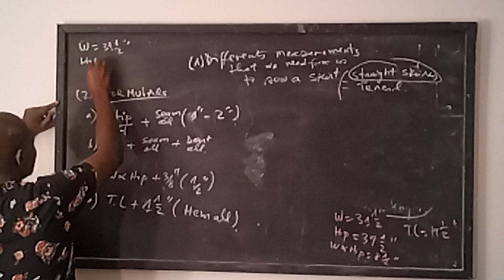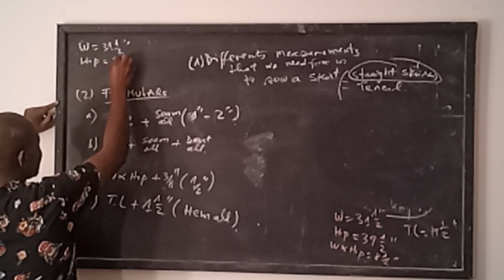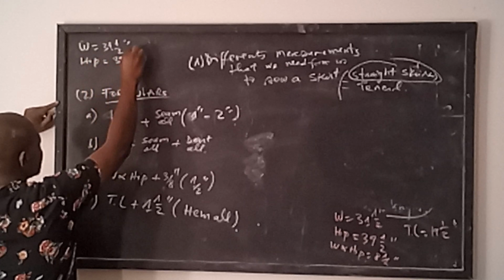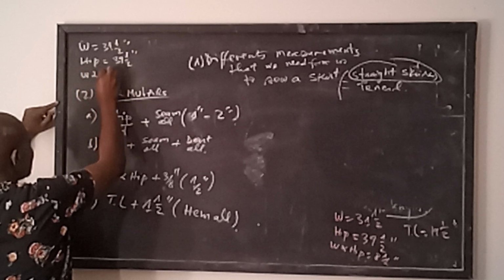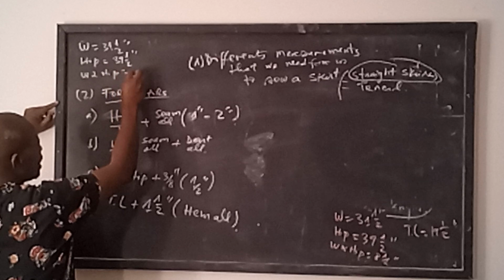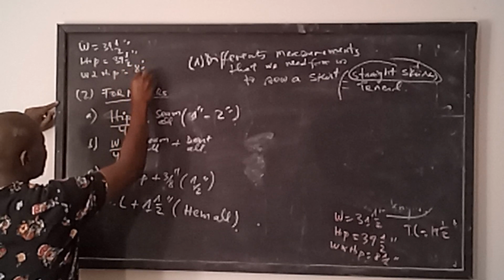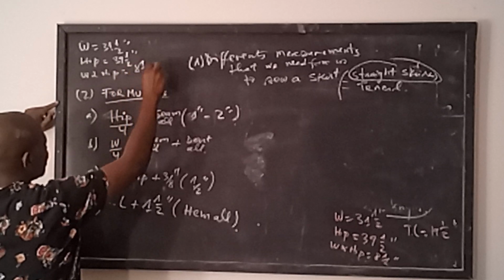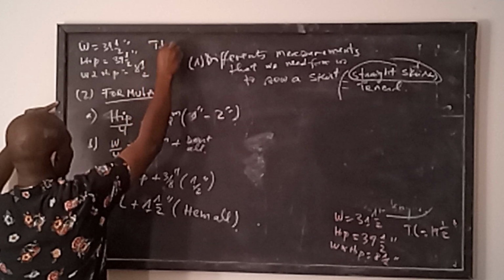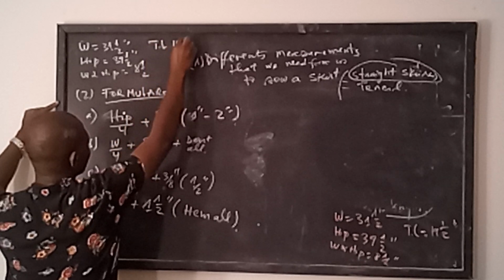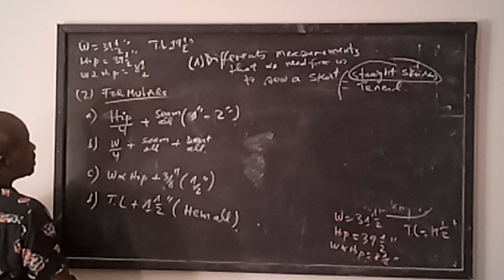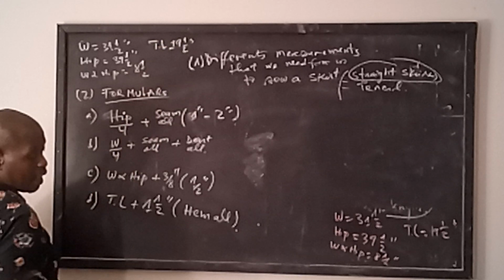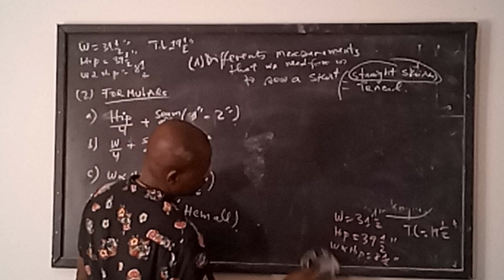The hip measurement was 39 and a half inches. The distance between the waist and the hip, we say it's 8.5 inches. And then the total length is 19.5 inches. These are what we need. These are our measurements that we're going to use.